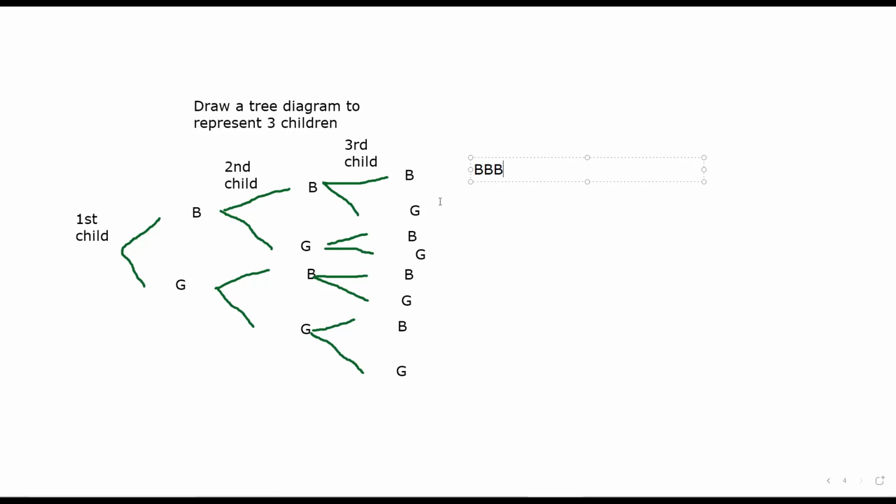We could have the next one, which is boy, boy, girl, which is this next piece. We could have boy, girl, boy. Or we could have boy, girl, girl.